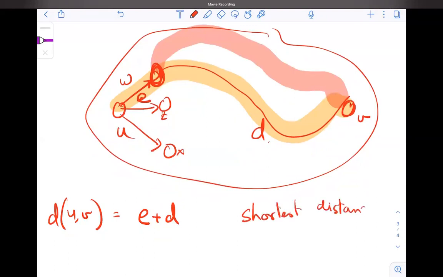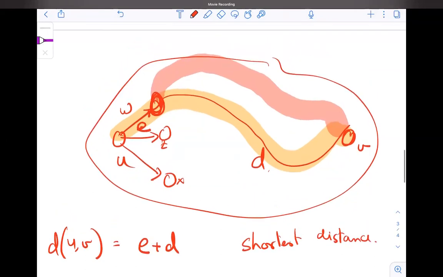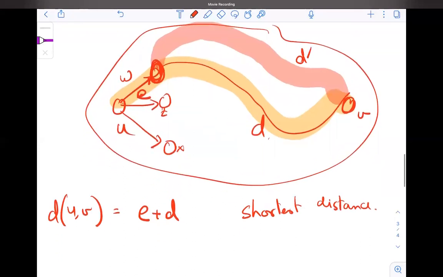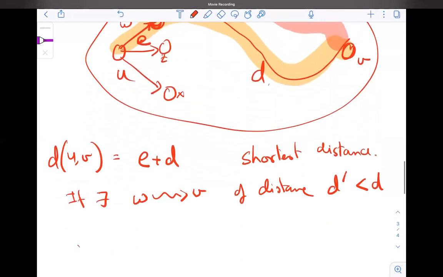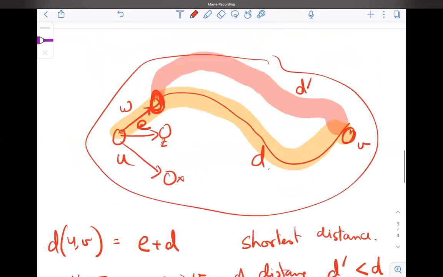Now, if there exists a path from W to V which has a different distance, D prime, which is strictly less than D, then what is the distance from U to W to V via this path?